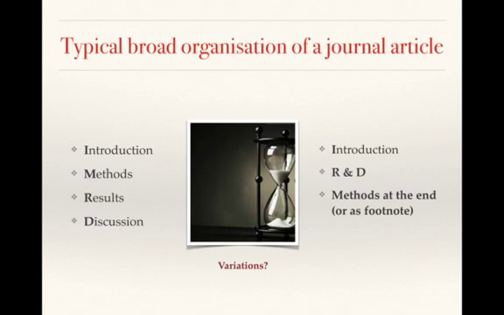As you can see on the right hand side, we can see a variation here where we don't have the typical order of introduction, methods, results, and discussion, but we have an introduction, results and discussion, and methods at the end. Sometimes, in some journals, methods can go as a footnote.